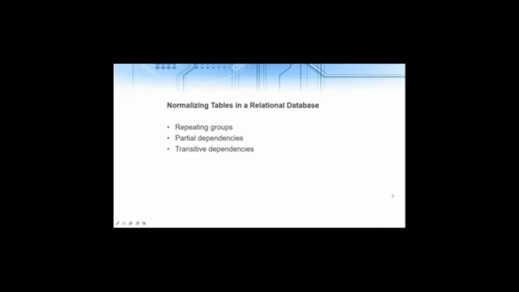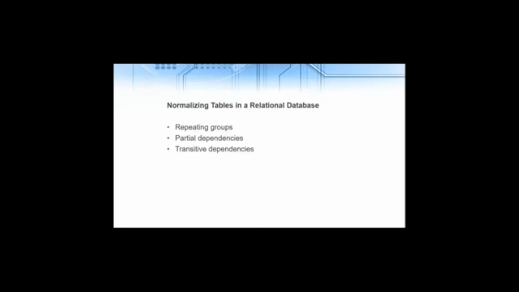The normalization process involves identifying and removing structural dependencies from the tables being modeled, such that the resulting tables will meet two conditions. First, all non-key or data attributes in the table are dependent on or defined by the primary key. The second one, all non-key attributes are independent of the other non-key attributes.